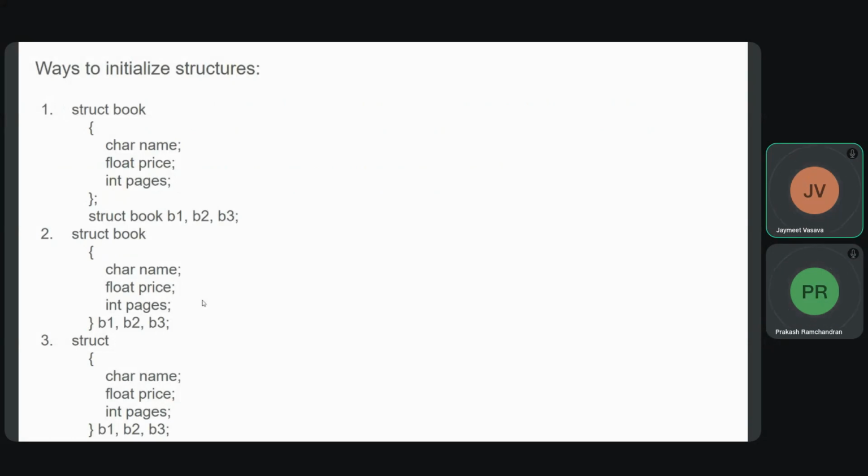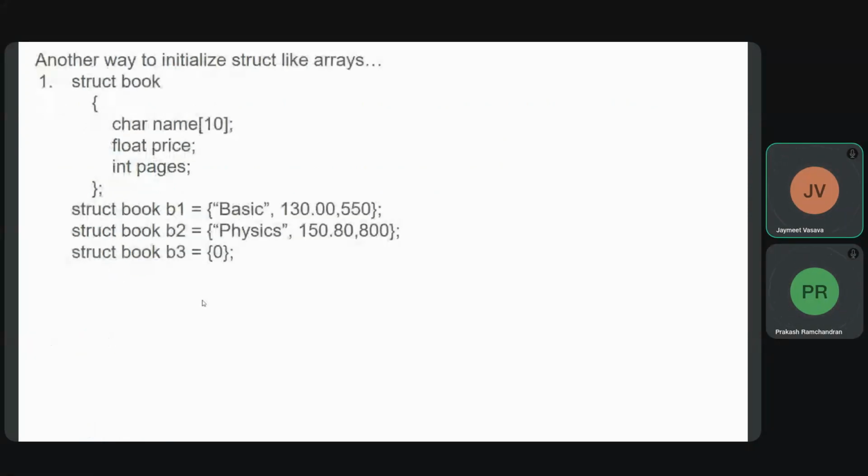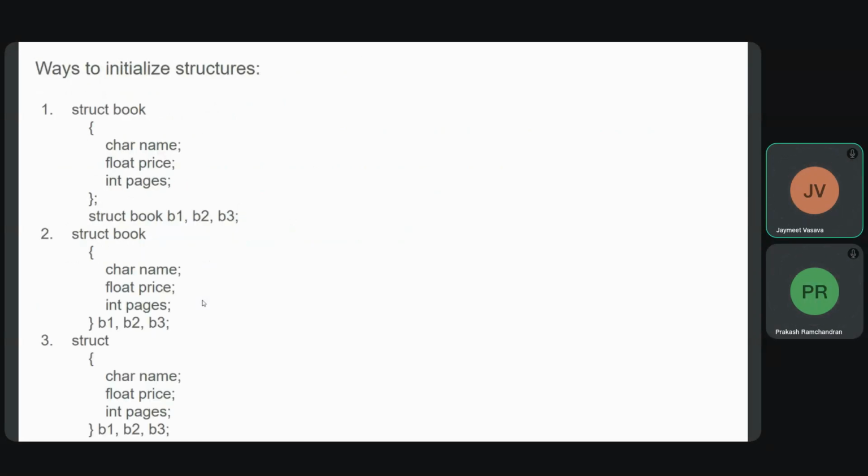And the third one is the same, but here the declaration of book is not written in the structure. So the another one with the help of array, or like array, is done. So this is a okay.